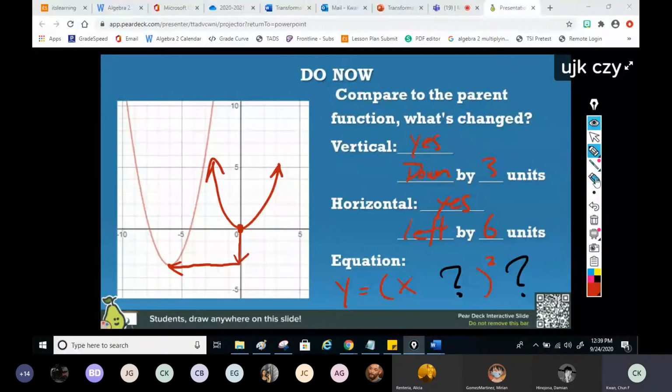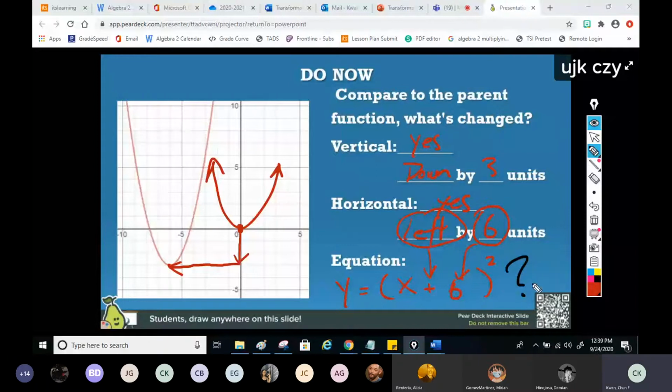So let's work on the one in here. This one is the left and right, the horizontal movement, all right? So this is going to the left, which means we need a plus and then 6 units. So 6 units, put it right here.